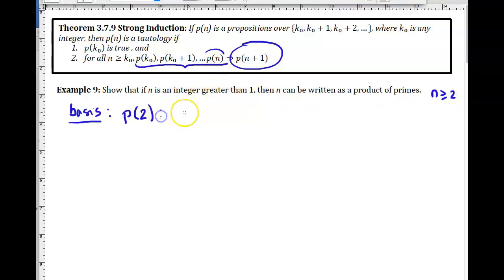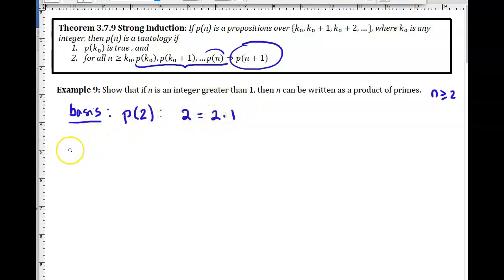So I know that 2 is equal to 2 times 1. It's written as a product of primes, except the 1. If a number is prime, it's written as a product of the number by itself. So you can say that it's written as a product of primes.